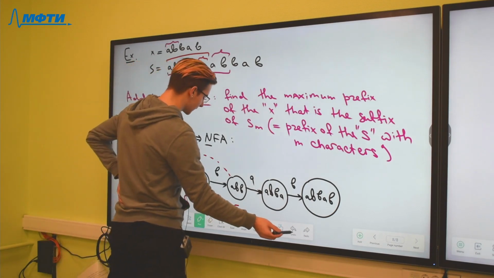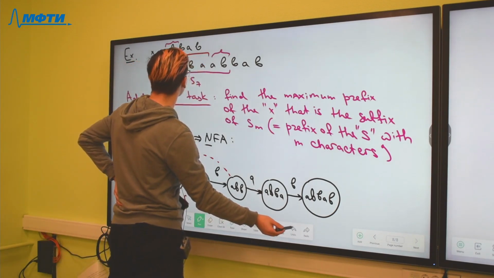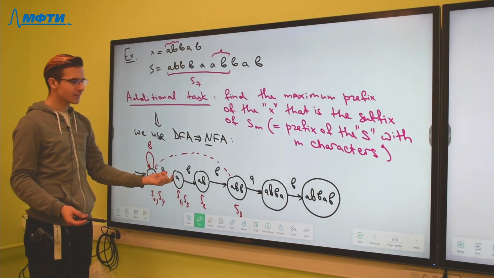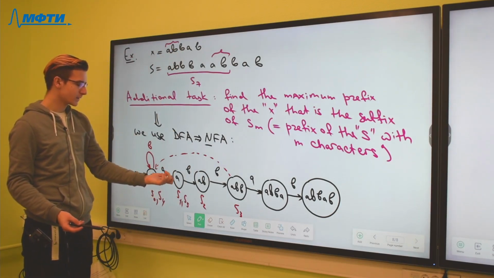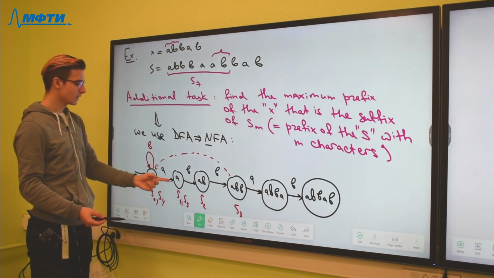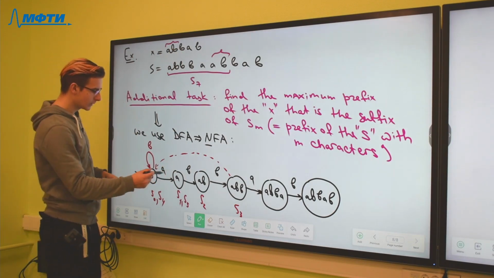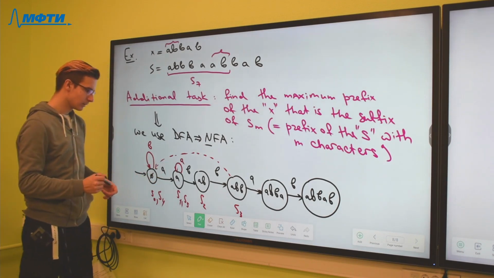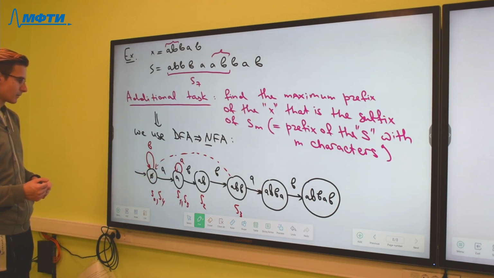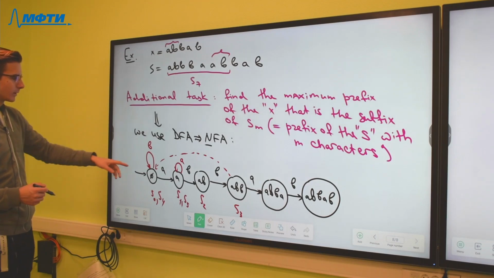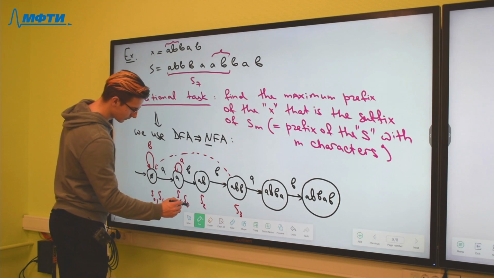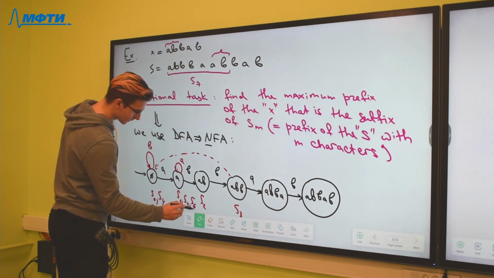So I see that the maximum suffix of this word that is the prefix of the word x is A. So I make a loop here. So S with index 6 here too.